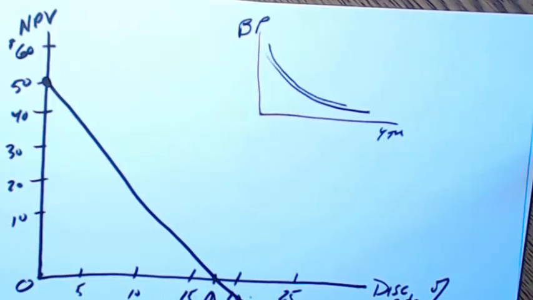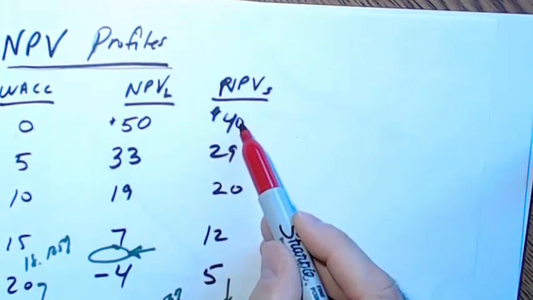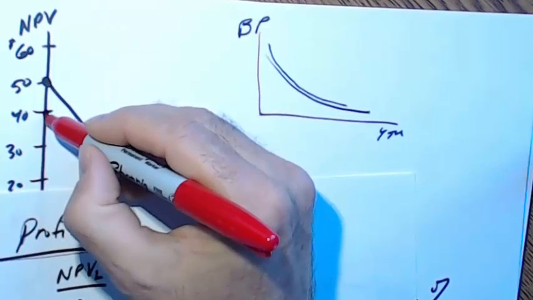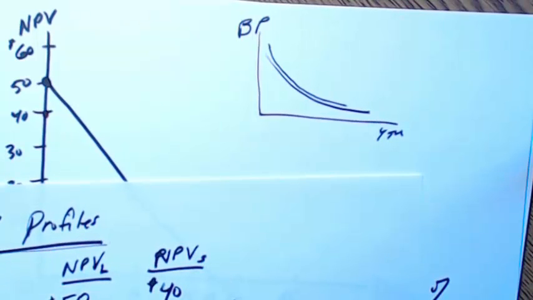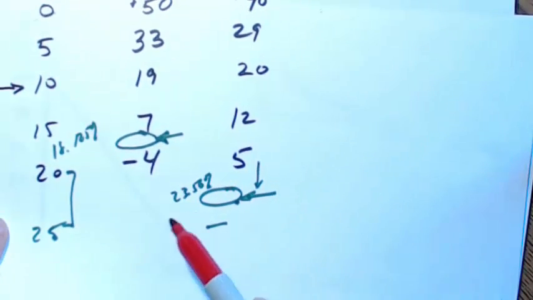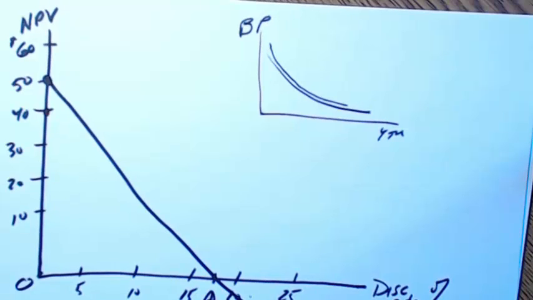Now let's do the other project. I'm going to get a different color here. Let me use red to accent this. Let's graph the net present value for S. It starts out at 40 right here, and it'll cross at 23.56. We know it's between 20 and 25 just by doing these calculations, and we said the internal rate of return was 23.56%.